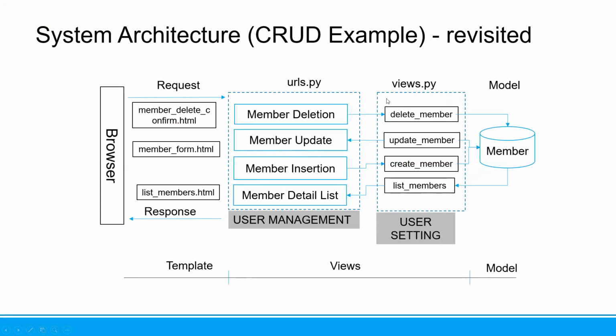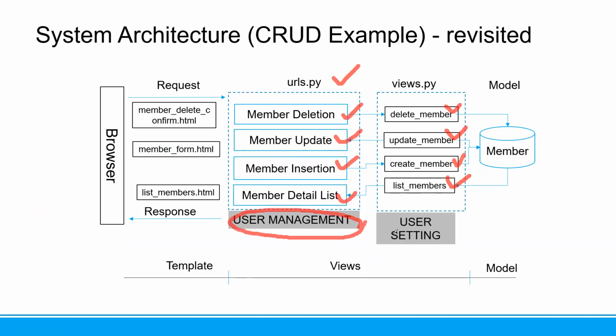So in this case, in the views.py, you have list members, create members, update members, delete members. And then in the urls.py, you have the links. You have the member deletion, the member update, the member insertion, the member detail list.